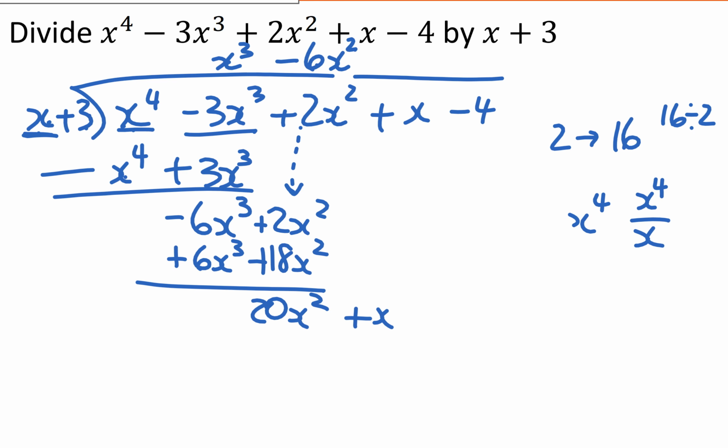How many times does x go into 20x squared? 20x times. 20x times x gives you 20x squared. 20x times 3 gives you 60x.